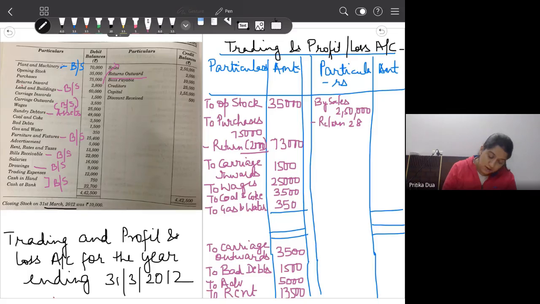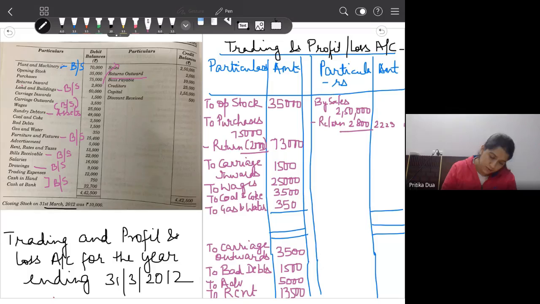So this becomes 2,22,800 will be the net amount of sales.